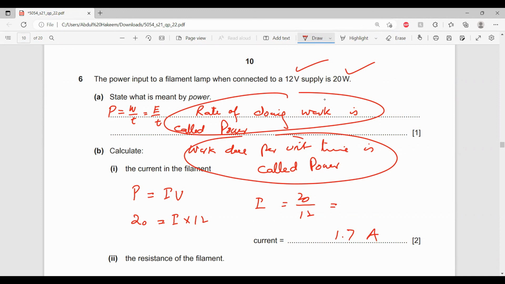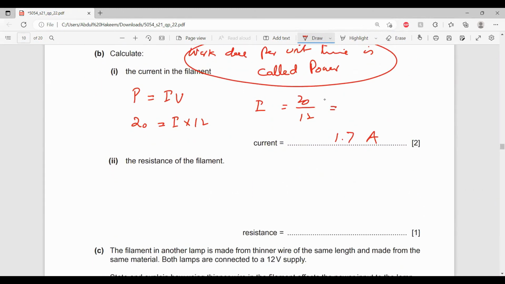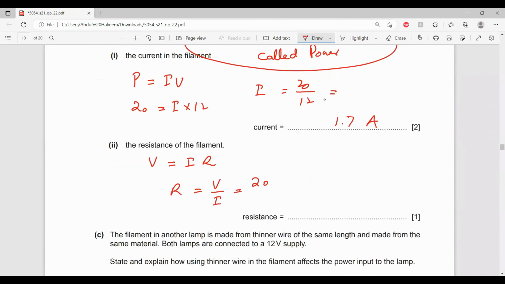And the resistance of the filament: V is equal to IR, so R is equal to V over I. Voltage is 12, not 20, divided by 1.7. So the answer is approximately 7.0 ohm.